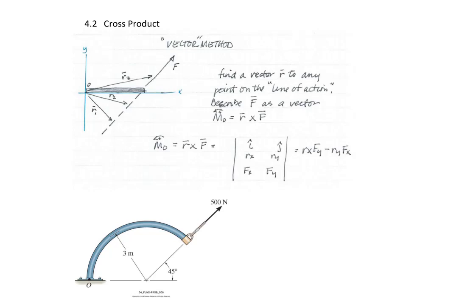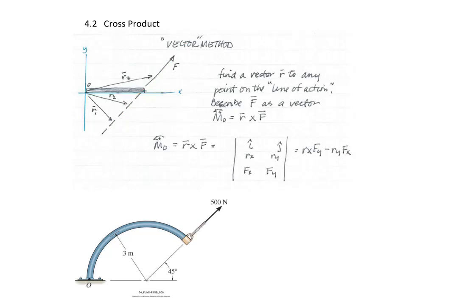Okay, so the way we look at cross products is we're going to use a matrix and calculate the determinant of a matrix in order to find out what the moment about point O is. First of all, we have to find out what the force is, and the force will have some point here.